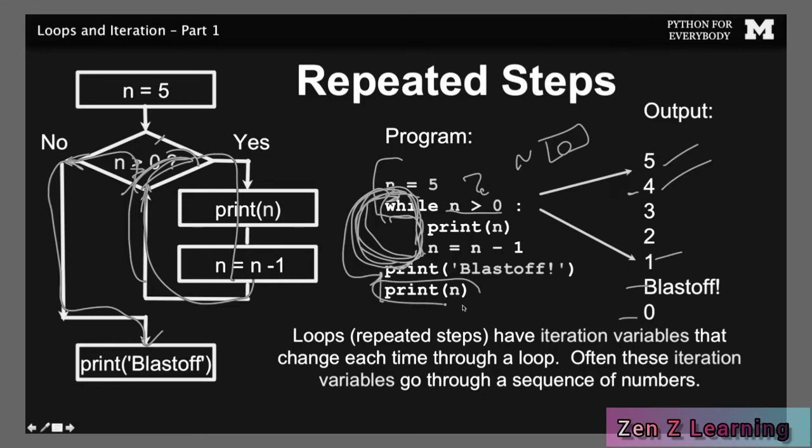And we see that when we came out of the loop, n was 0. That was the residual value of this little variable n after the last iteration through the loop. That's because it was 1, and then we subtracted 1 from it, and that got us to 0.